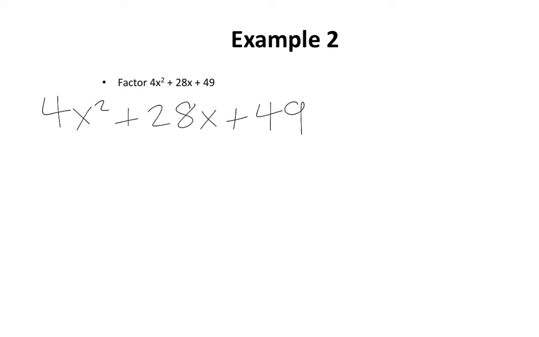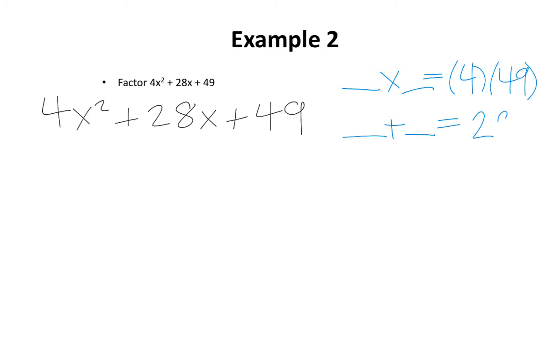So, using what you've learned before, you're going to think of two numbers that, when multiplied together, give you the product of 4 and positive 49, and when added together give you the sum of positive 28. Now, these are some really large numbers.